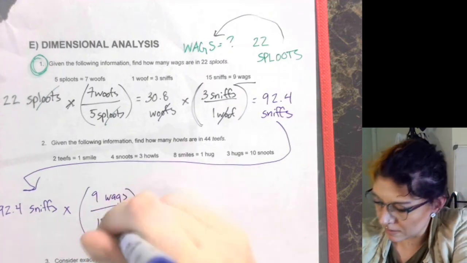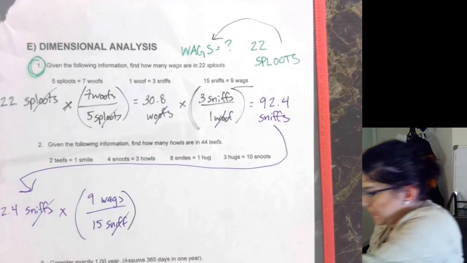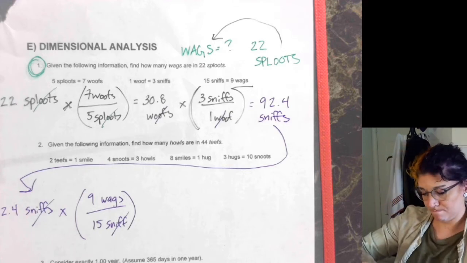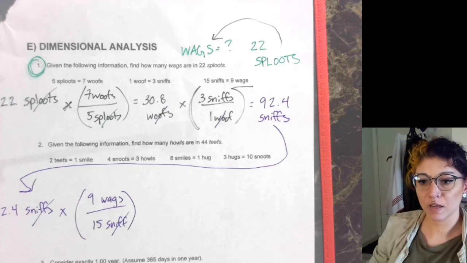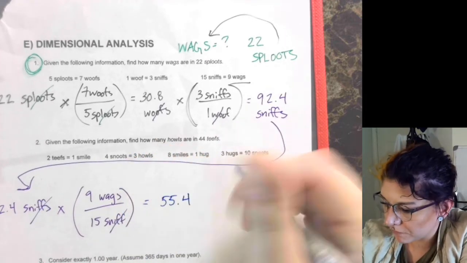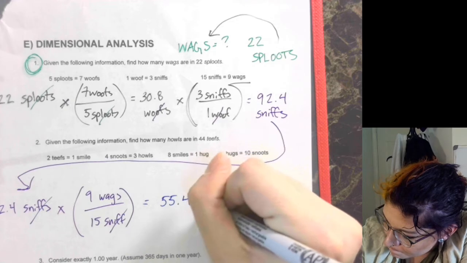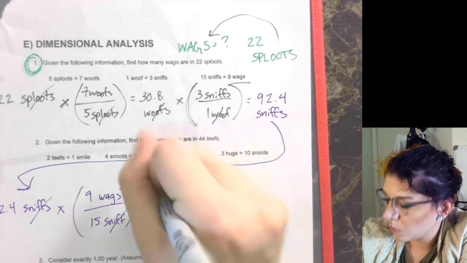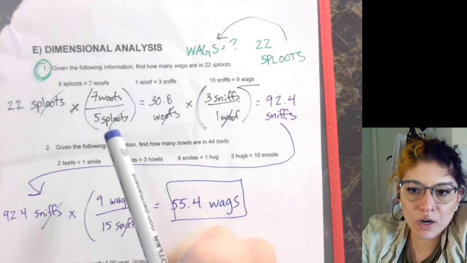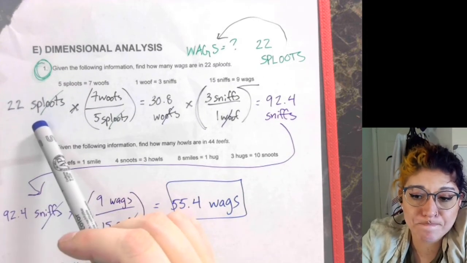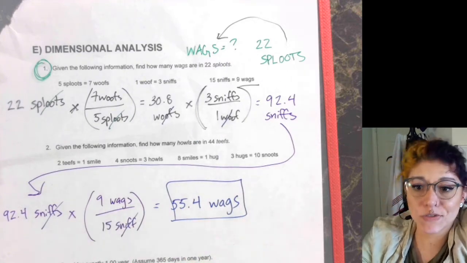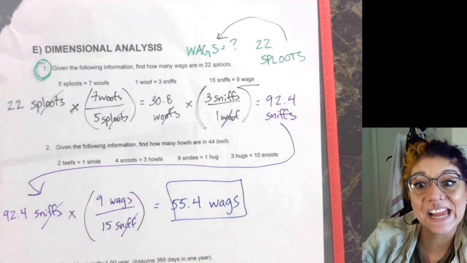So we're going to cancel out, and we get 55.4 wags. So again, we started at point A, 22 sploots, and we stepping stone with conversion factors to our desired outcome.